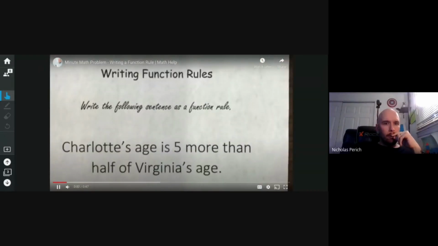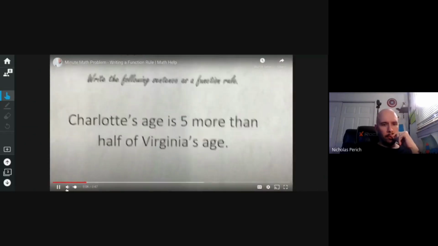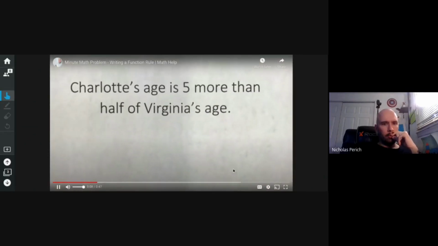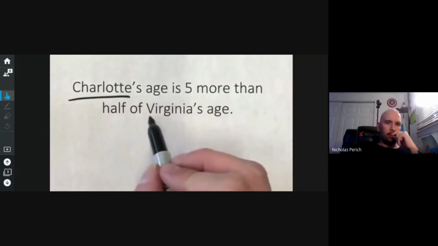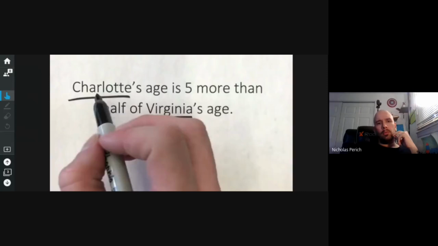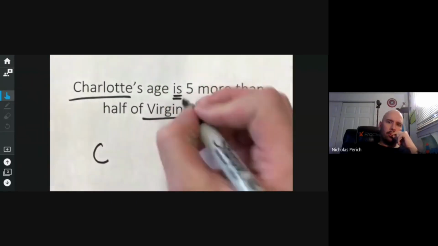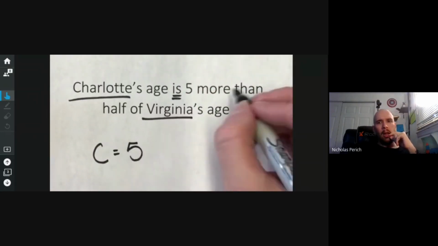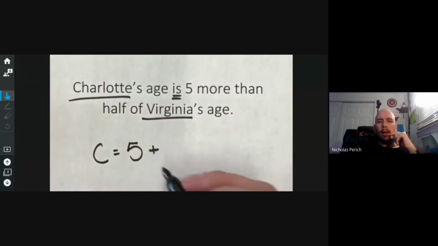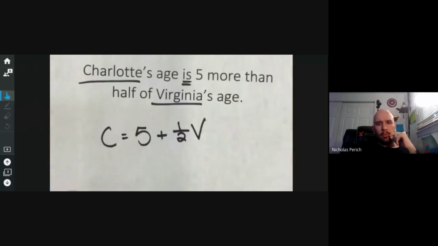What's your function rule? Well, we're going to write a sentence using this sentence. Charlotte's age is 5 more than half of Virginia's age. Well, we have 2 people. We have Charlotte and we have Virginia. Charlotte's age is, so I'm going to put C for Charlotte. Is going to be an equal sign. 5 is 5. More than means add. Half is half of Virginia, which means half of V. And we have ourselves a function rule.